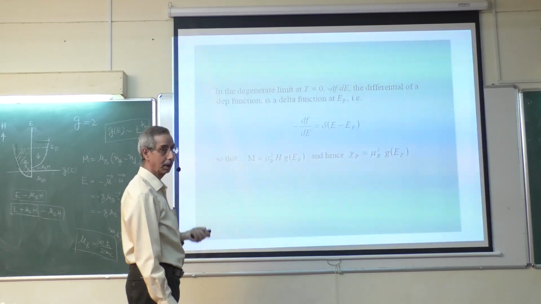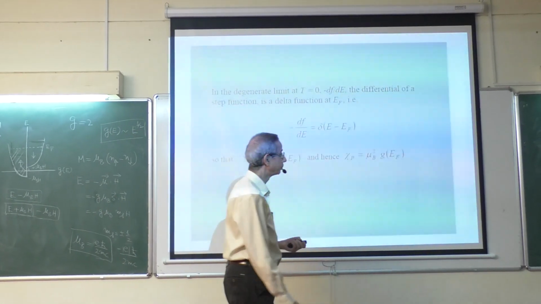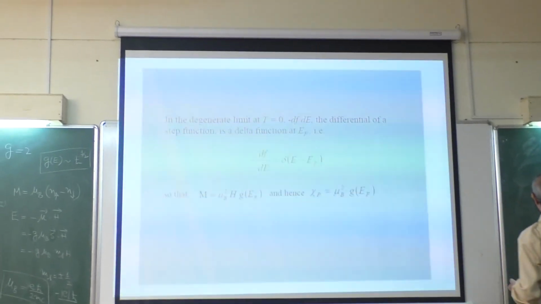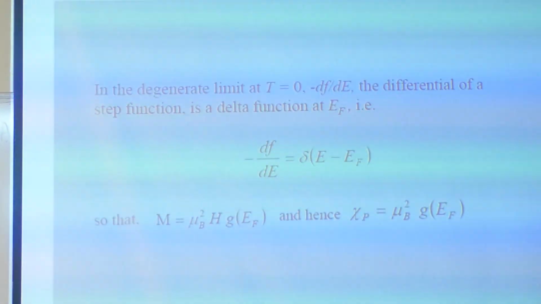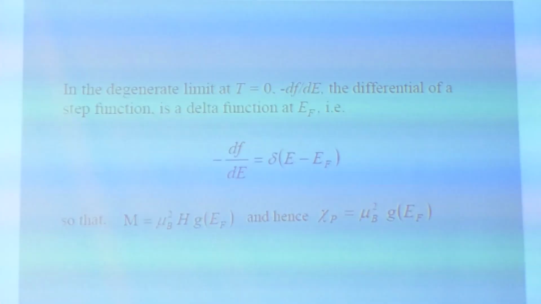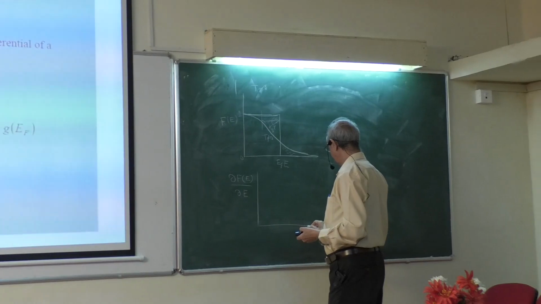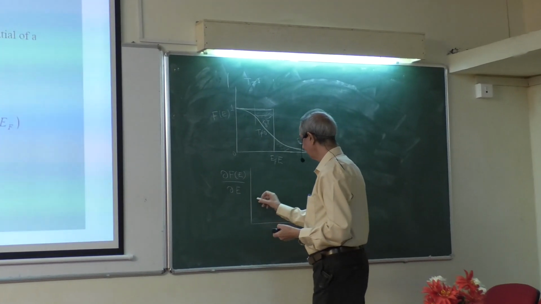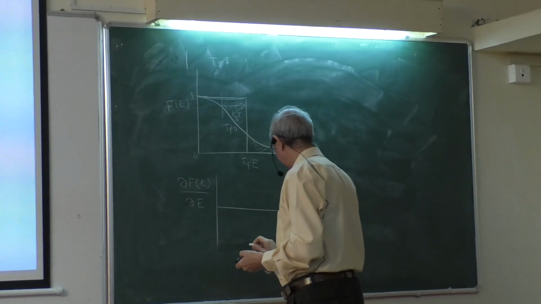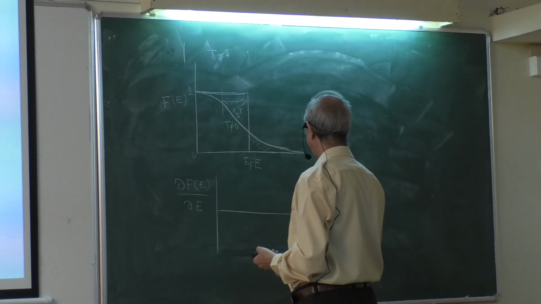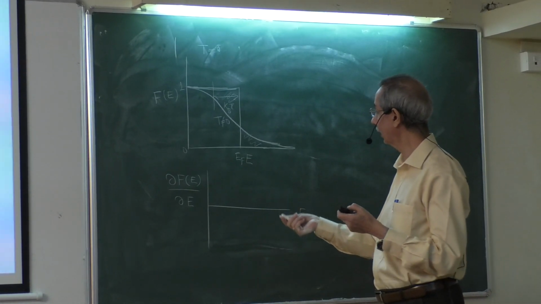Now, if you are dealing with only absolute 0, what do I get for this derivative df/dE versus energy? How will that curve be?